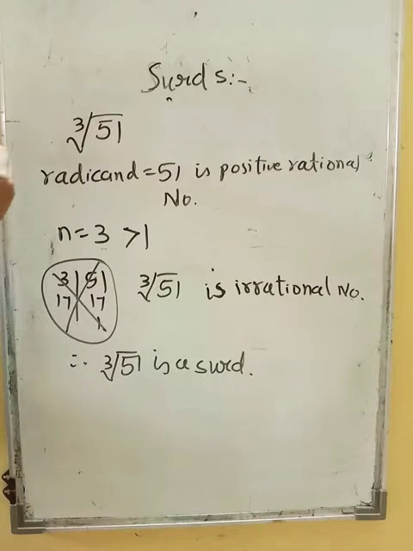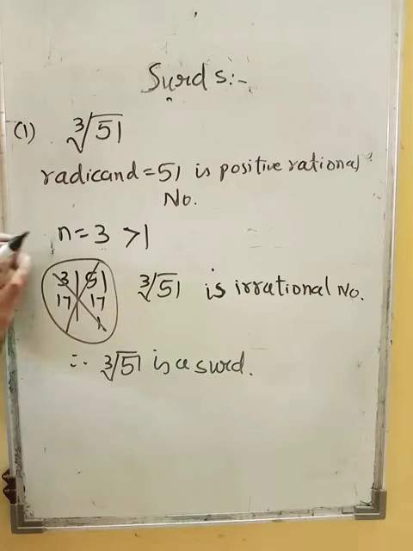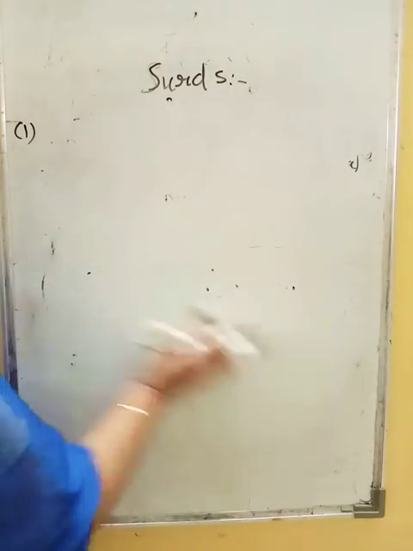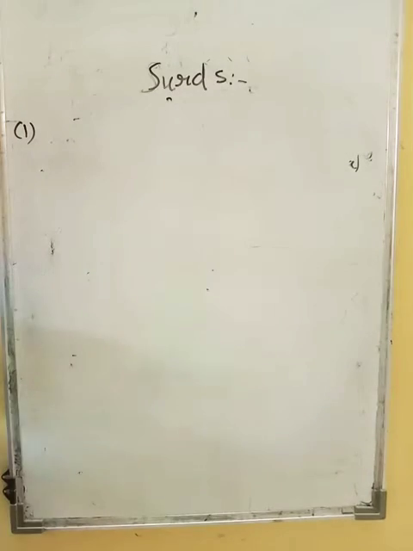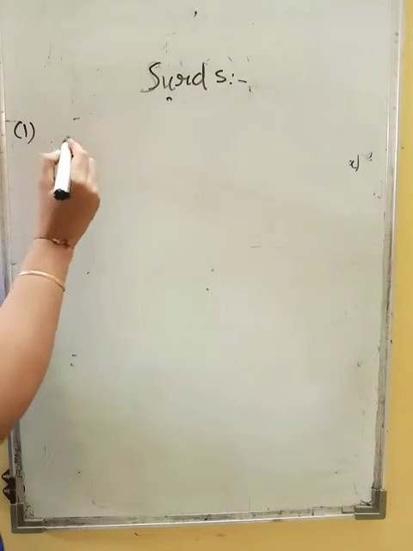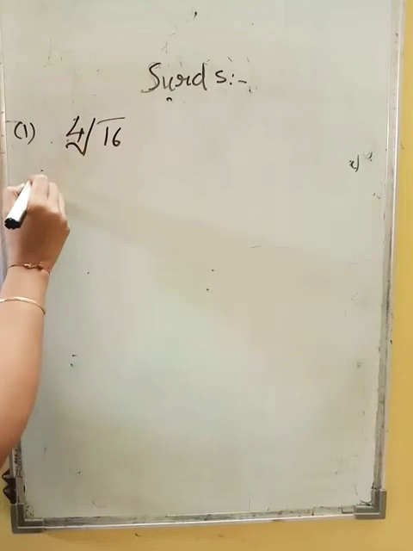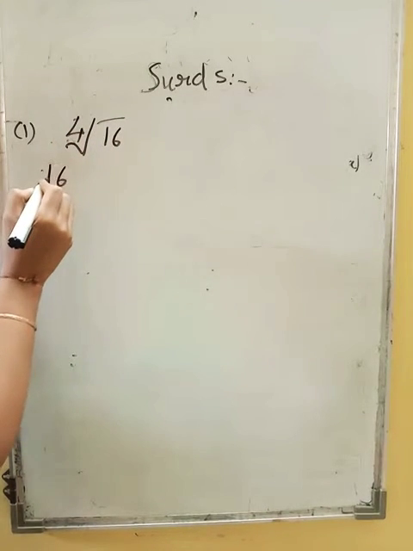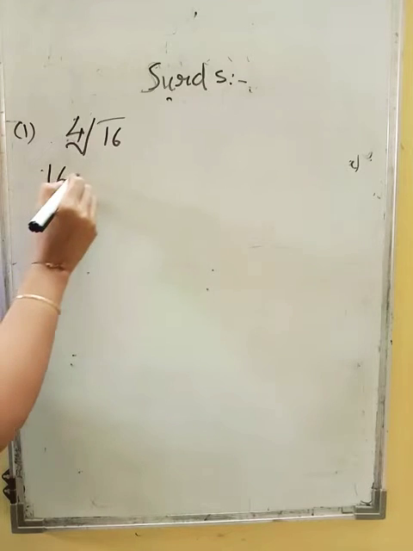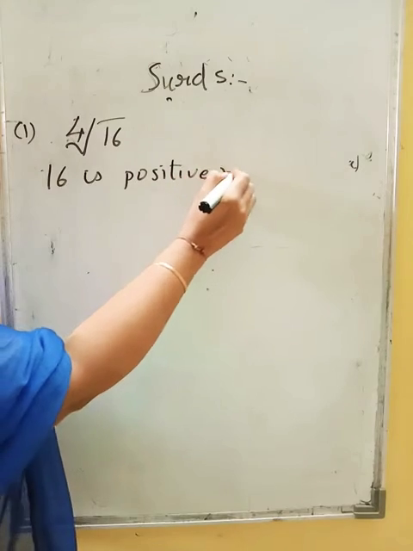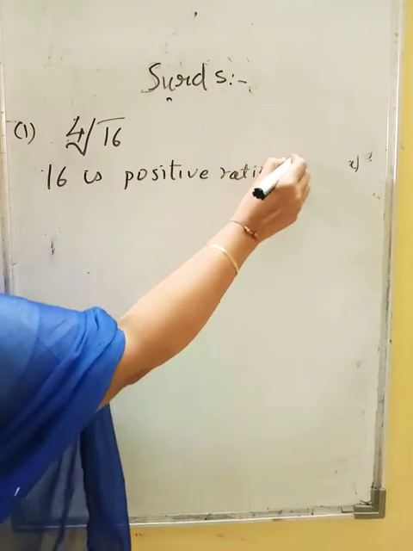I hope you have written first question. We'll go towards the second one, fourth root of 16. Okay, you can write along with me. Fourth root of 16. So 16 is a positive rational number.